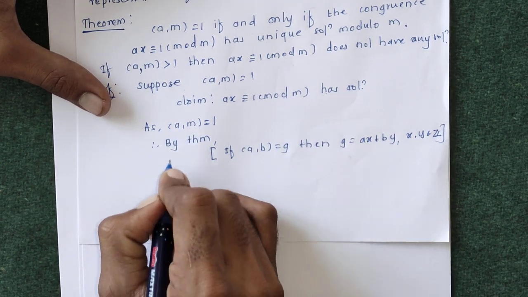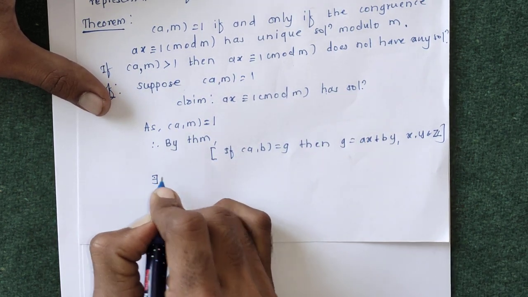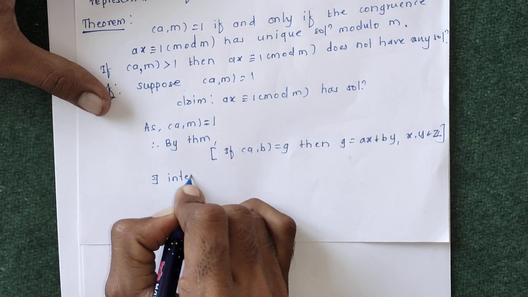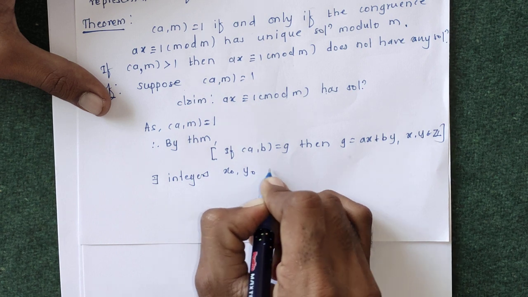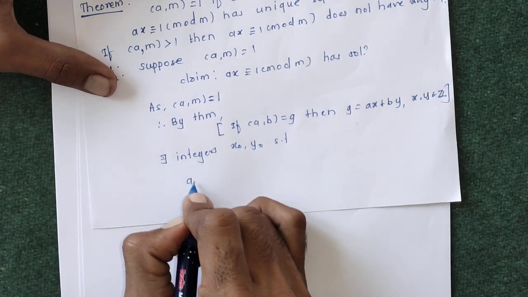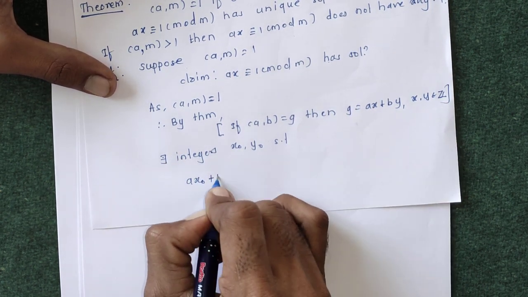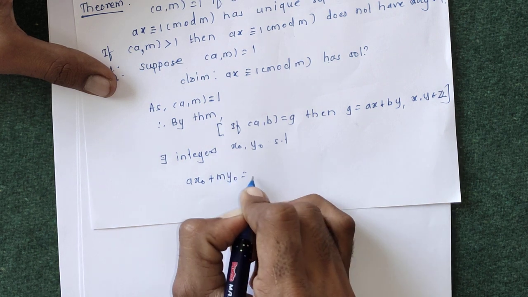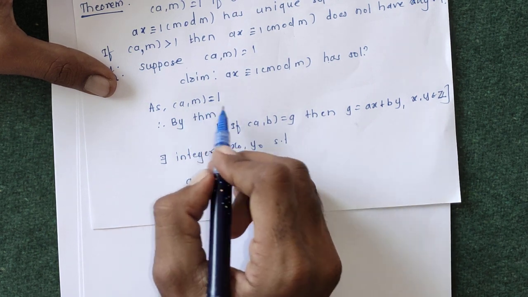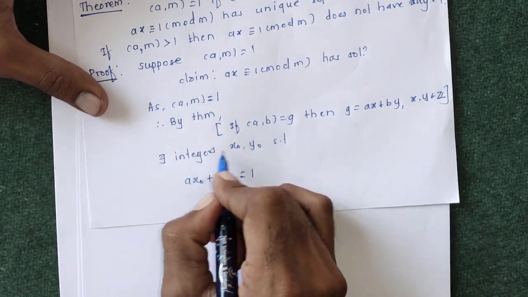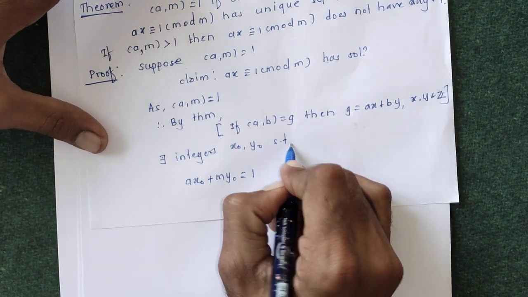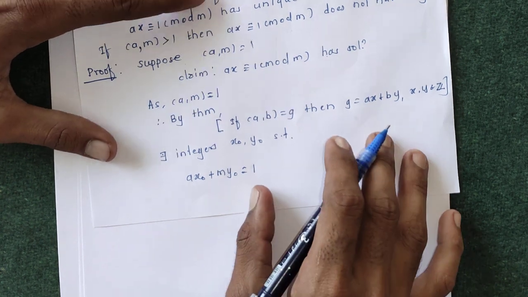Therefore, by the theorem, there exist integers x naught and y naught such that a x naught plus m y naught is equal to 1. This GCD is expressed as a linear combination of these two numbers.